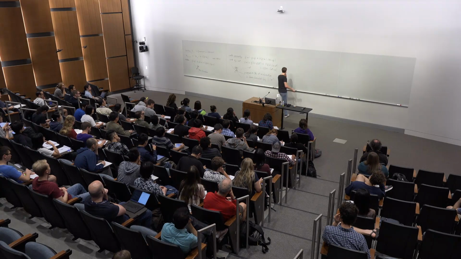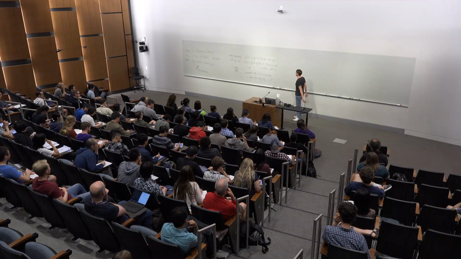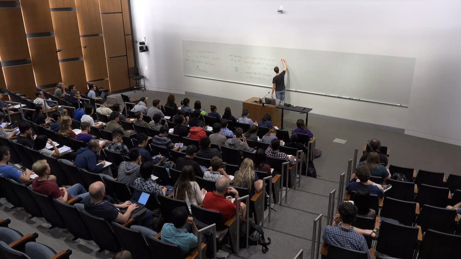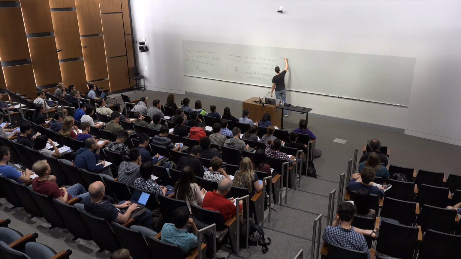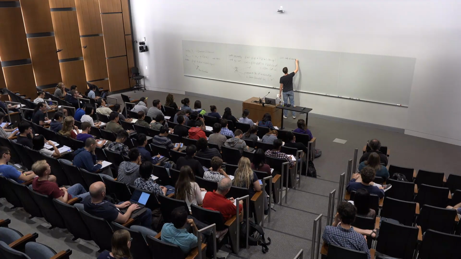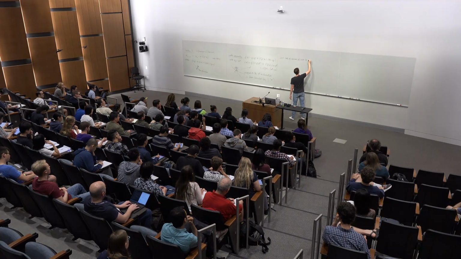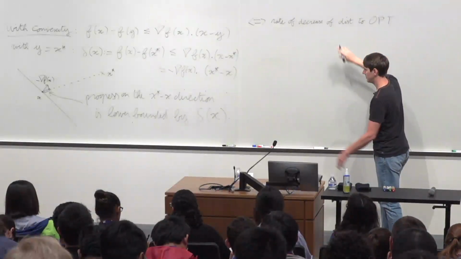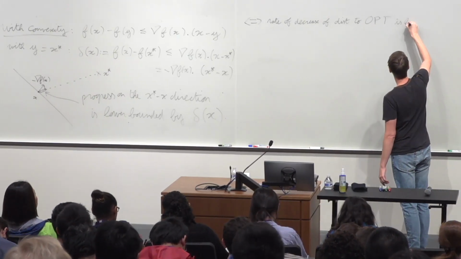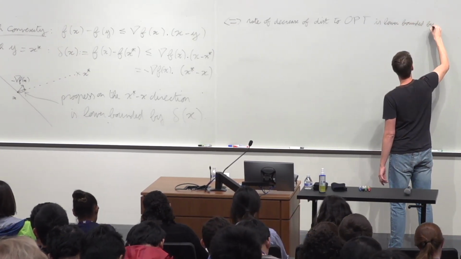All right, so let's do the analysis. Another way to write this, that the progress on the x star minus x direction is lower bounded by delta of x, is to say that the rate of decrease of distance to opt is lower bounded by the suboptimality gap.